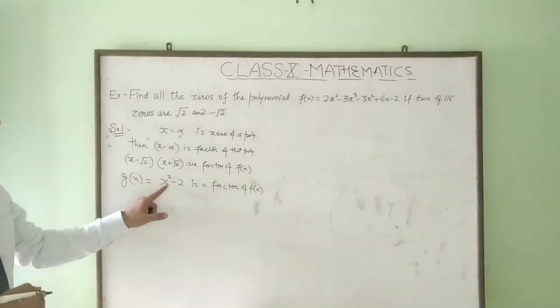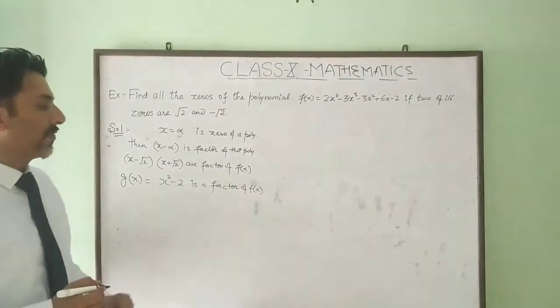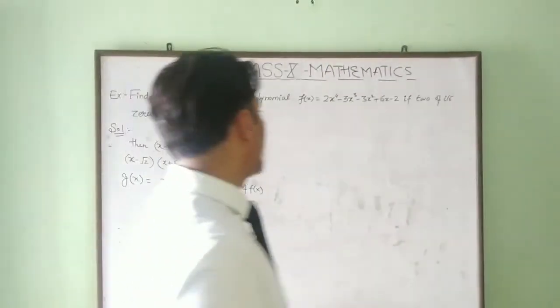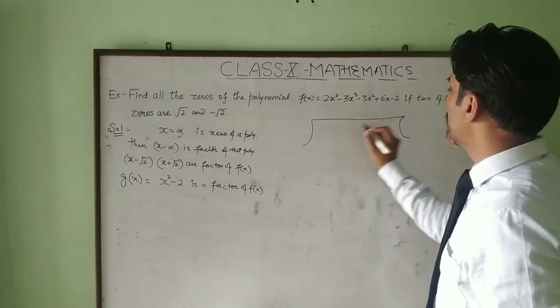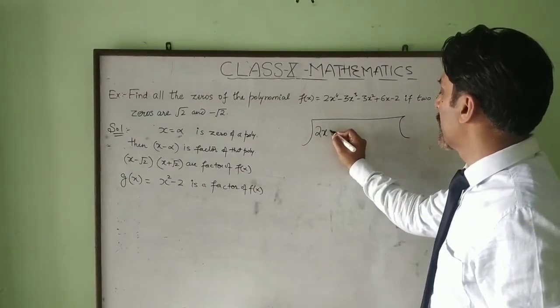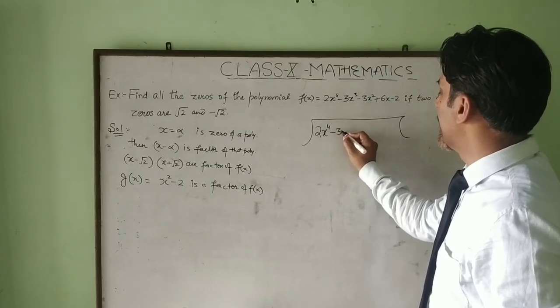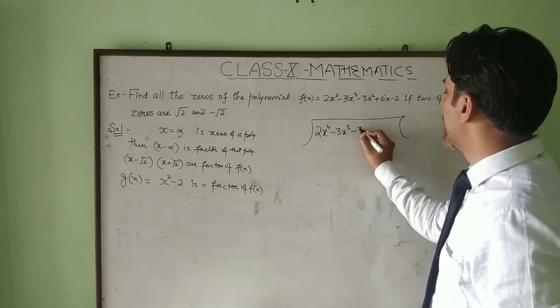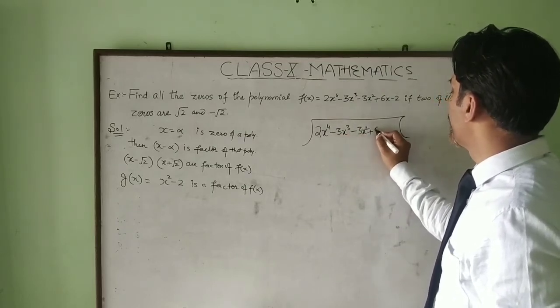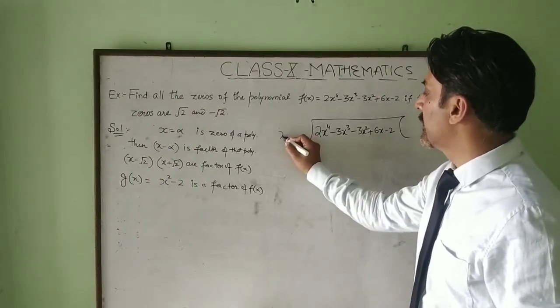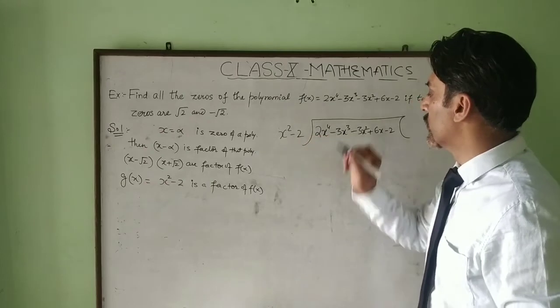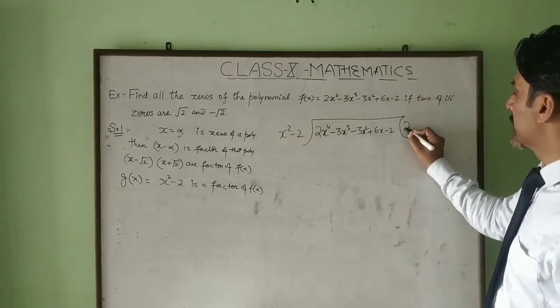Now since my x square minus 2 is a factor of f(x), then let me divide this f(x) by g(x). 2x4 minus 3x cube minus 3x square plus 6x minus 2. और यहाँ g(x) है हमारे पास x square minus 2. So let us divide this.